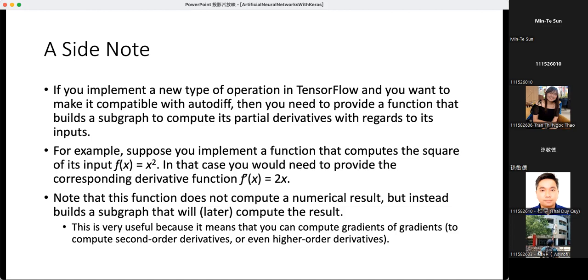That's relatively easy, right? By providing this derivative function, TensorFlow is able to extend its reverse-mode autodiff to include your operation, to work together with any other operations. So this function does not compute a numerical result, but instead you build a subgraph that will compute the result.